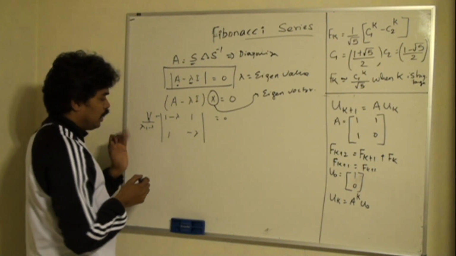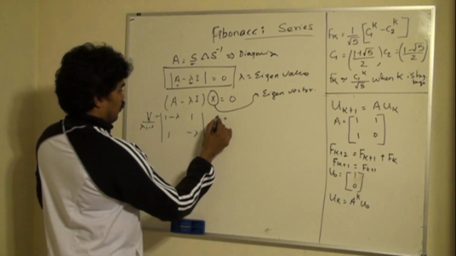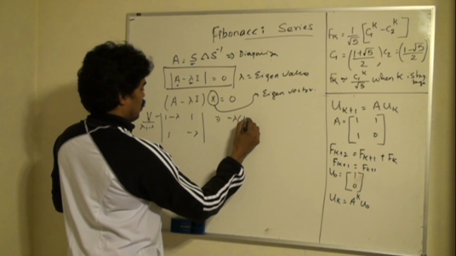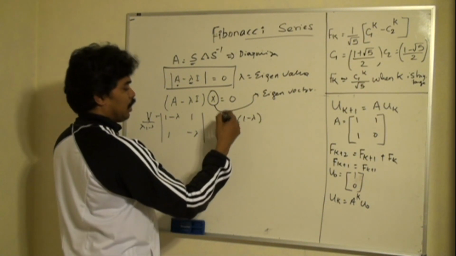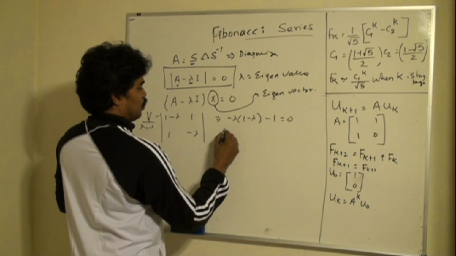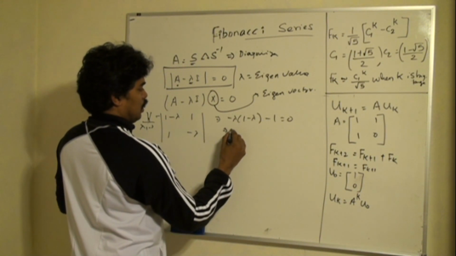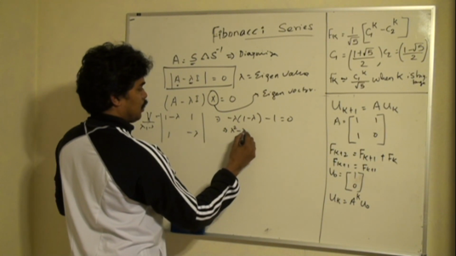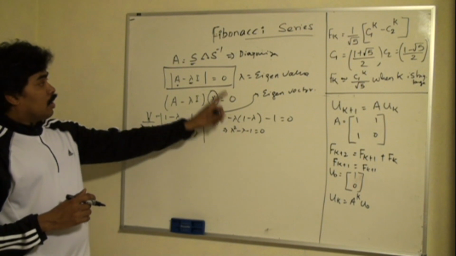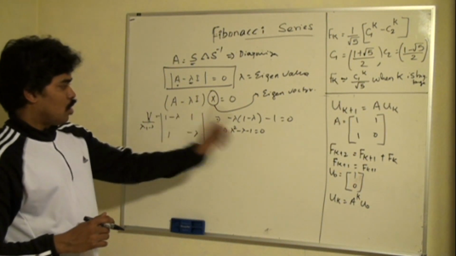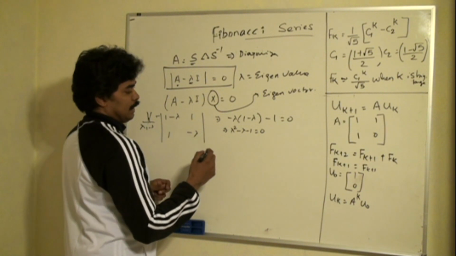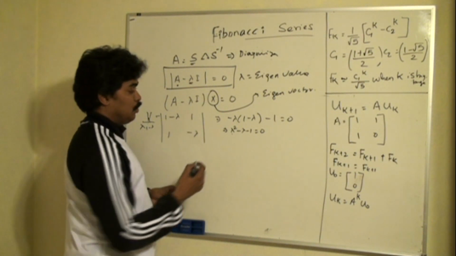So if I equate this to 0, it becomes minus lambda times 1 minus lambda, minus 1 equal to 0, which means lambda square minus lambda minus 1 equal to 0. So this is the characteristic polynomial of this matrix A, and if you solve this polynomial, you will get lambda, which is the eigenvalue.